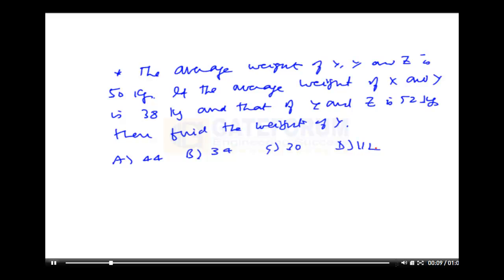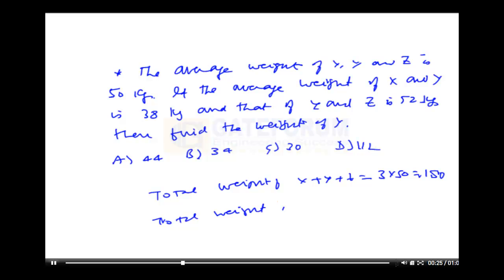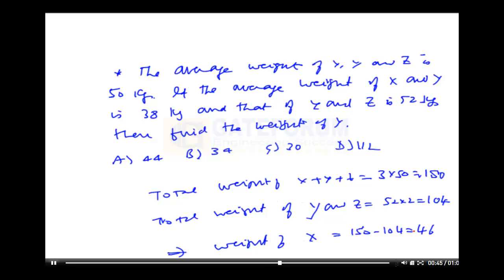Of Y. So let us find total weight of X, Y and Z. That will be 150. Again, total weight of Y and Z. That gives you weight of X 46.